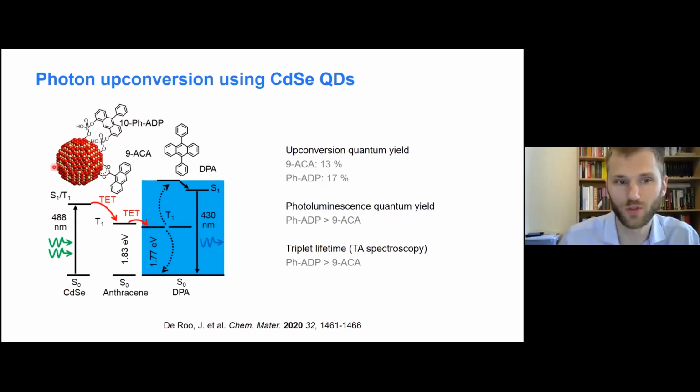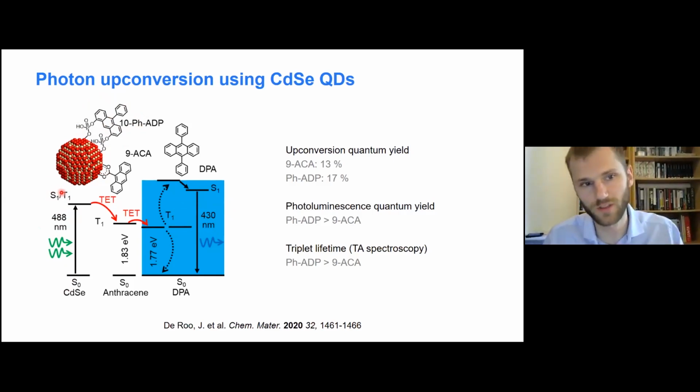So the nanocrystal absorbs a photon and creates a singlet state. There's intersystem crossing to a triplet state. That triplet state is transmitted to this transmitter ligand, it's called, and then this ligand transmits it to the diphenylanthracene in solution, which actually does the upconversion.